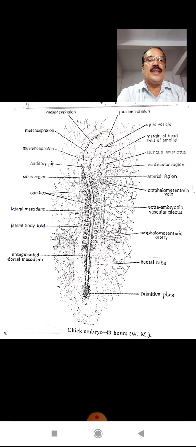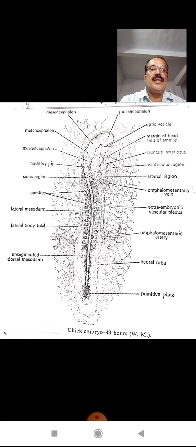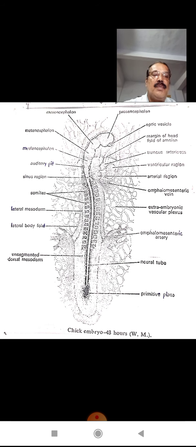So the diagram shows certain parts like prosencephalon, mesencephalon, metencephalon, myelencephalon, optic vesicles, margin of head fold of amnion, truncus arteriosus, ventricular region, atrial region, omphalomesenteric vein, extra embryonic vascular plexus, omphalomesenteric artery, neural tube, primitive plate, unsegmented dorsal mesoderm, lateral body fold, lateral mesoderm, somites, sinus region, auditory pit.